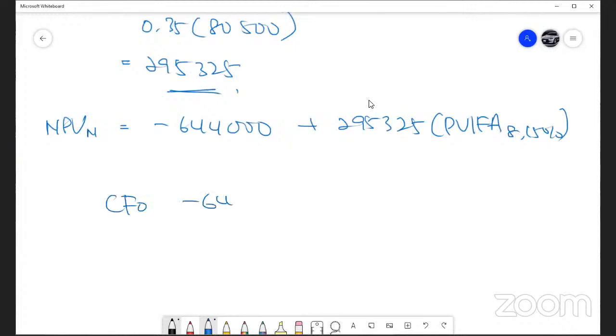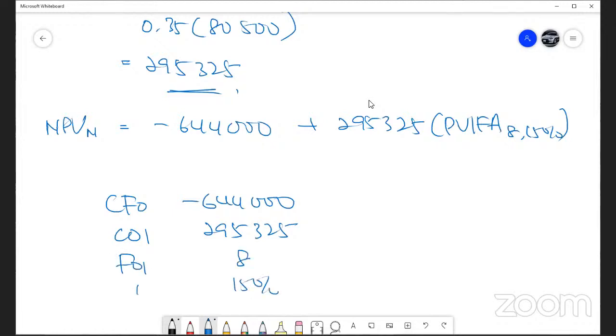CF0, negative 644,000. C01, put this new figure in. F01, 8 times, interest 15%. Compute NPV. The new NPV you get here is 681,218.22.